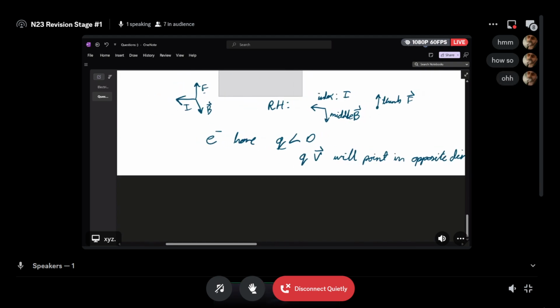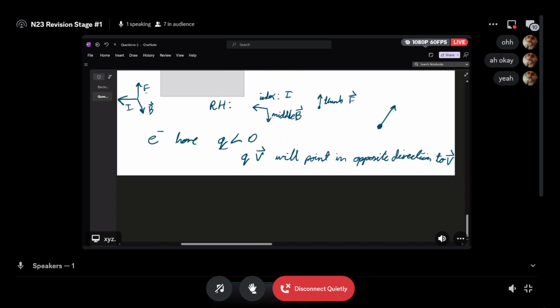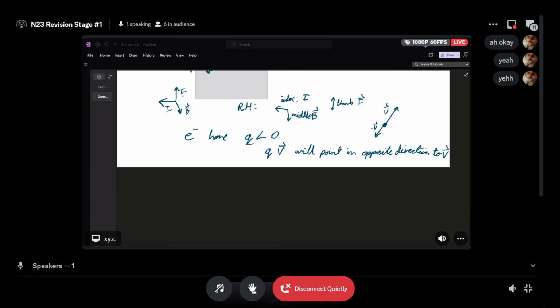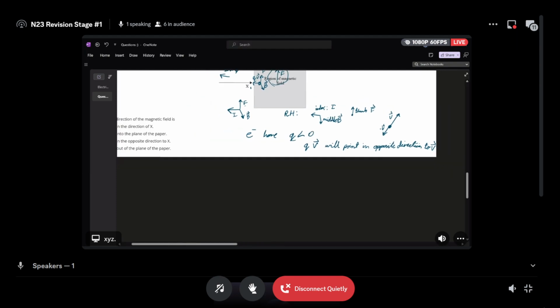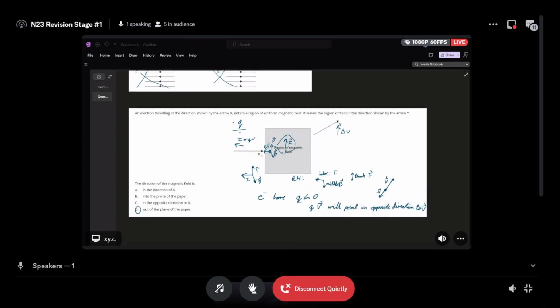Electrons have a charge that's less than zero. It's negative. So if we have a vector pointing in one direction, this is V, minus V will be in this direction. Okay? Yes, QV is also the direction of current. It's not the same thing, but it's in the same direction.